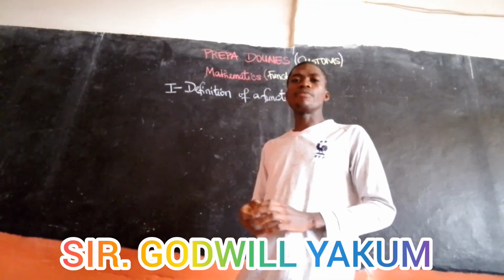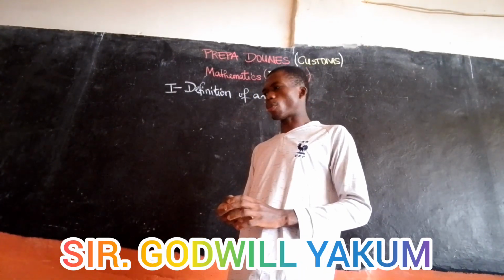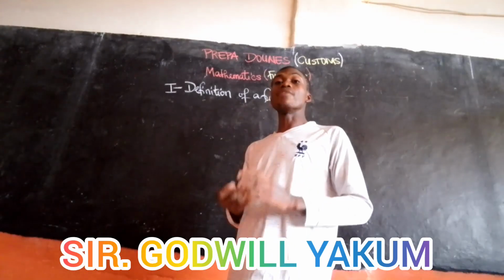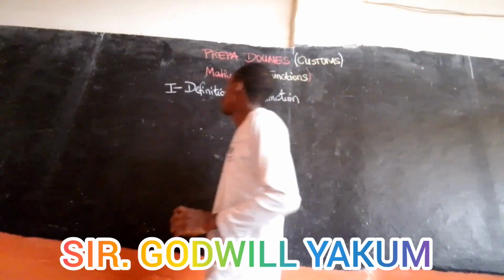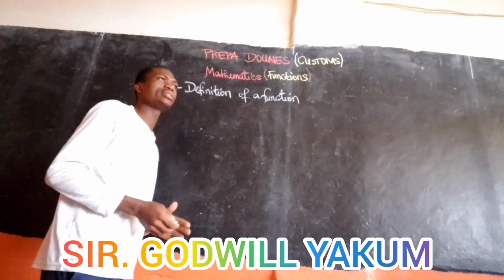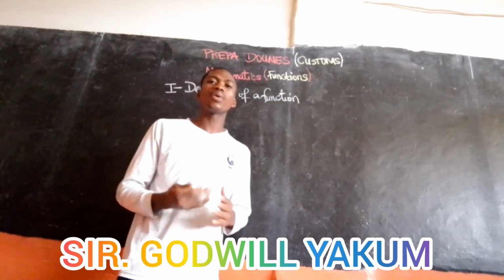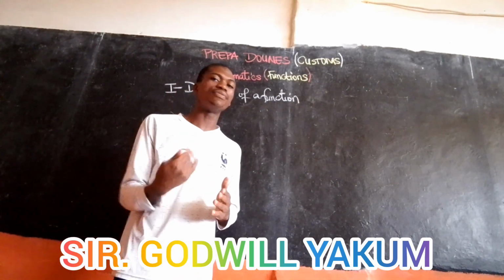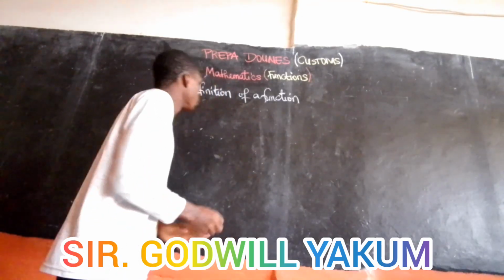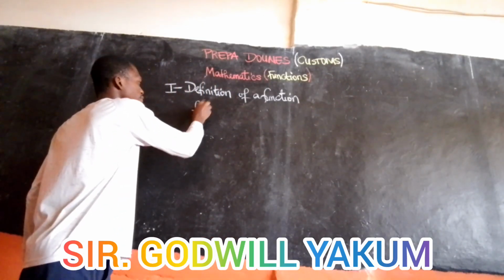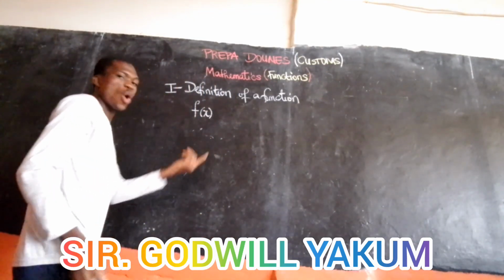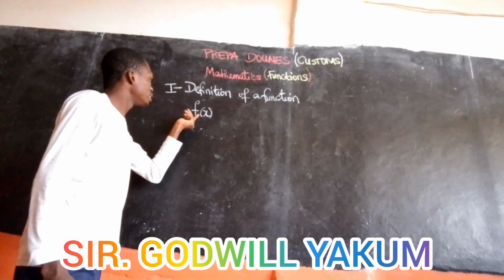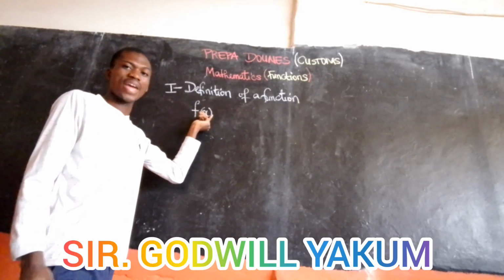I believe before now we have treated a topic known as algebra, and so you know what a variable is. A function is a mathematical equation which can change depending on its value. For example, we can have a function f of x. When you see f of x, it simply means that it is a function of x.